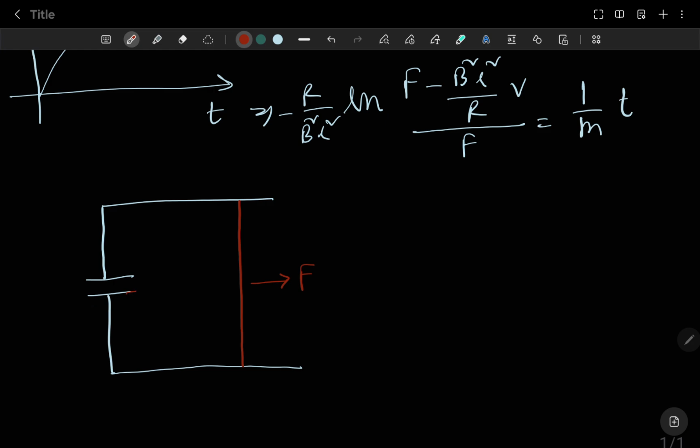Okay, so if the capacitance is C and the charge is Q and minus Q, then obviously the EMF developed across it will be epsilon. So Q will be C epsilon. Q is CV, right?